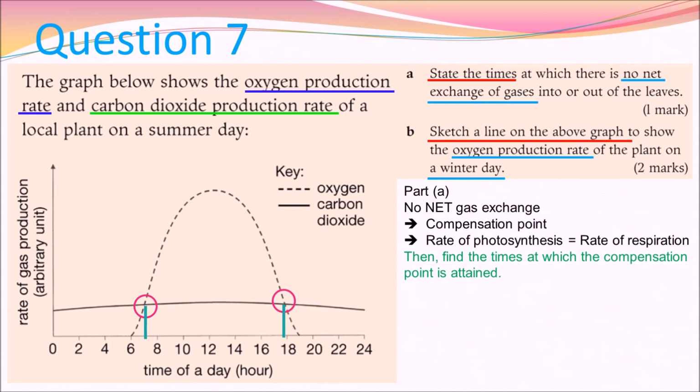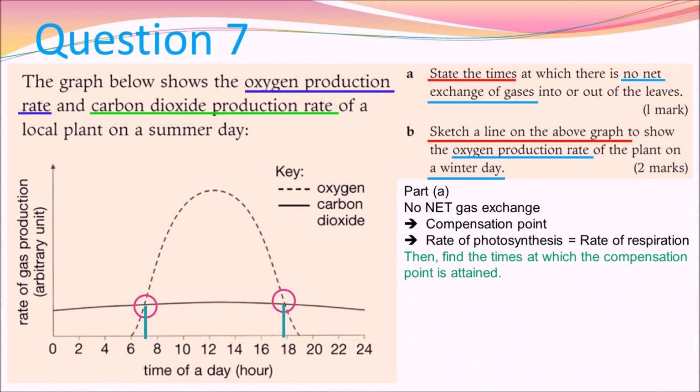So there will be no extra carbon dioxide production and no extra carbon dioxide taken up from the atmosphere, and the same for oxygen. So you can find these 2 points. I circled it for you already, the intercept point of these 2 curves.